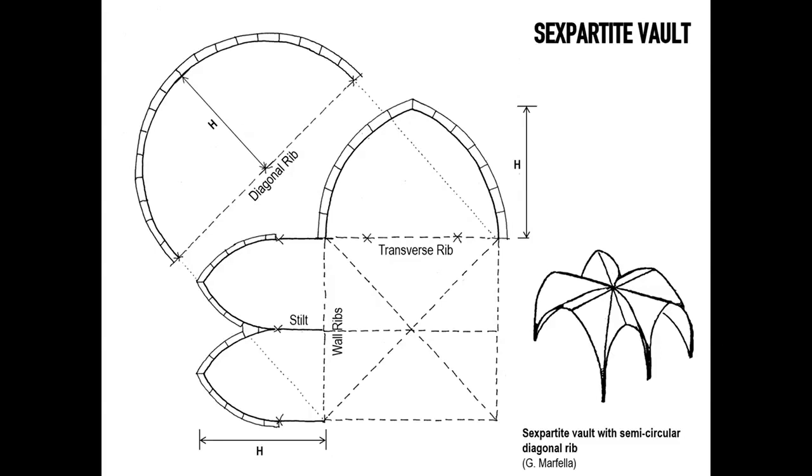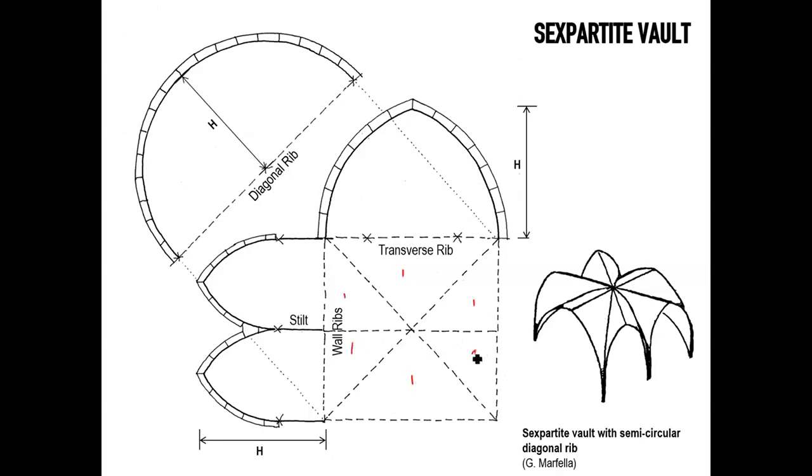The first one is the so-called sexpartite vault, which is a vault divided in 6 bays, where you normally have two bays defined by the transverse ribs that are larger and defined by the diagonals, and then you have 2 smaller bays on the side.